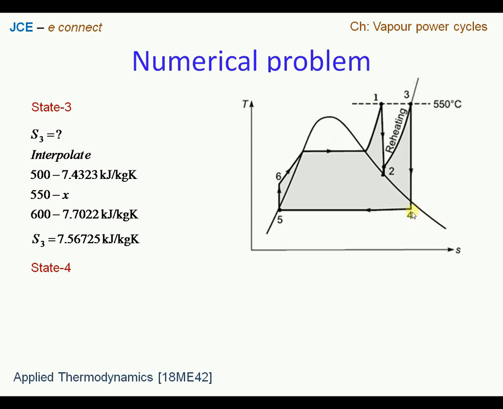If it is within the saturation dome, then we have to apply the equation applicable to the two-phase region, and then find out the enthalpy. Since they have given us the quality, that is the dryness fraction, 94%, that shows that it is inside the saturation dome.